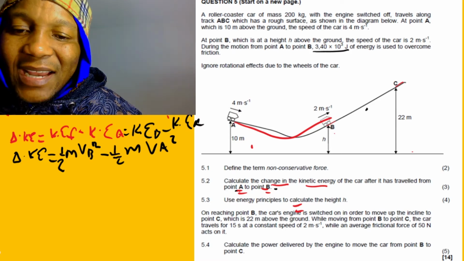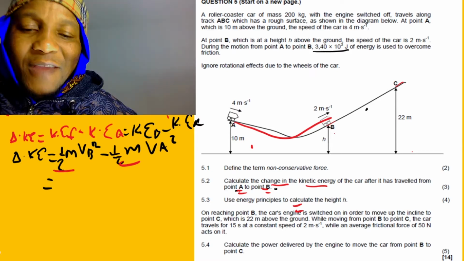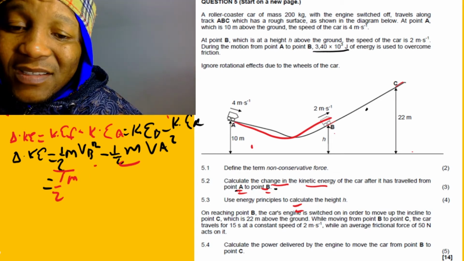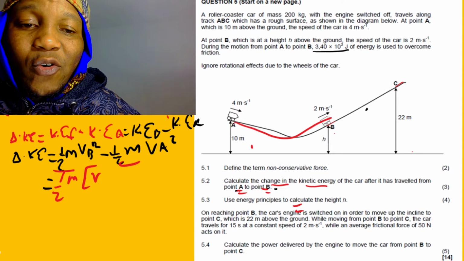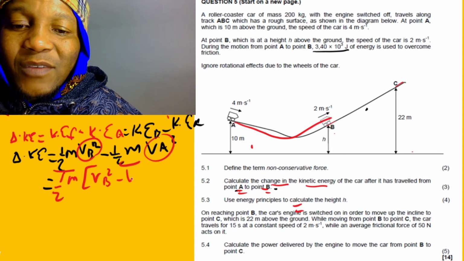So we can plug it in. But before you plug it in, we see these are common. We have to take the common out. A half m is common. So I can say a half mass, but velocity final at B is not the same as at A. So you say velocity at B minus velocity at A, square. Then let's plug it in.